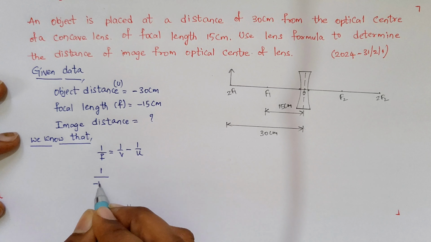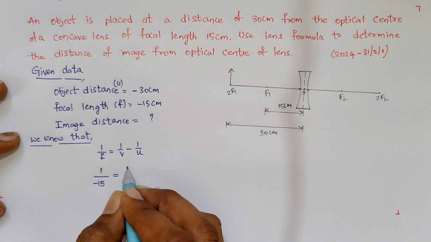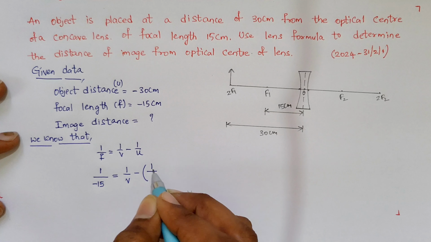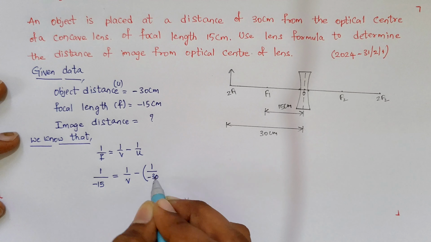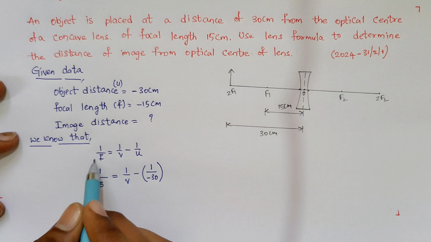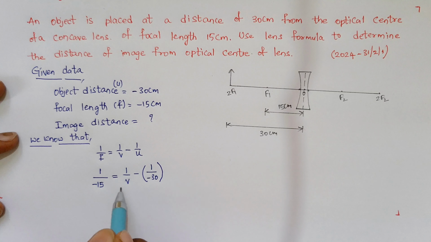So 1 by minus 15 is equal to 1 by v minus 1 divided by u. u is minus 30. Remember that while substituting the values into the lens formula or mirror formula, we should substitute with polarities. Answer will come with the polarity. We should not give any polarity to the answer.